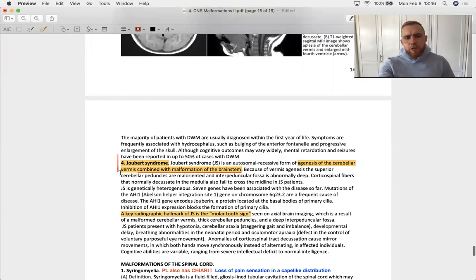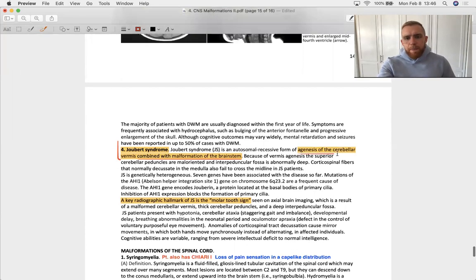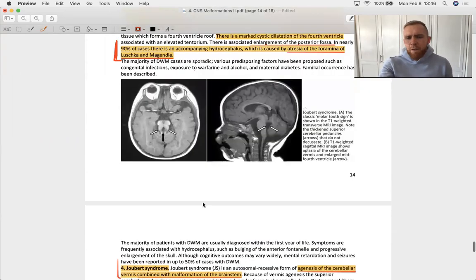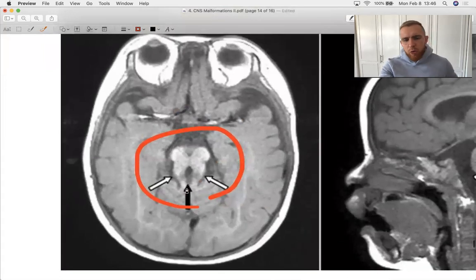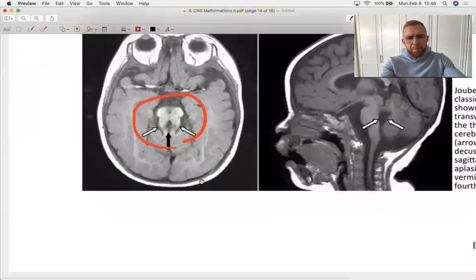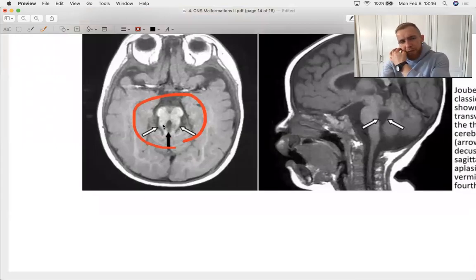And then there's Joubert syndrome, which is cerebellar vermis agenesis combined with a brainstem malformation. If they ever want to ask you about this, they'll give you this molar tooth sign, in which this is your normal brainstem with a central canal, right? And a couple of cerebral peduncles right there on the front, so we're in the midbrain. But it does kind of look like, if you just reached in the back right corner of your mouth and pulled that tooth out and held it up and looked at it, it looked exactly like Joubert syndrome.